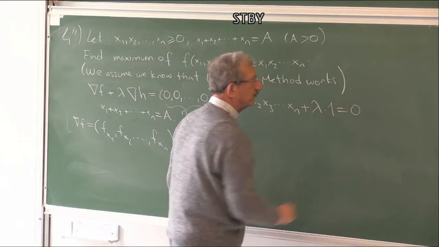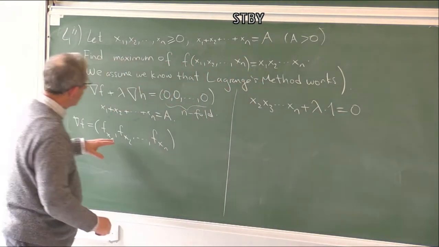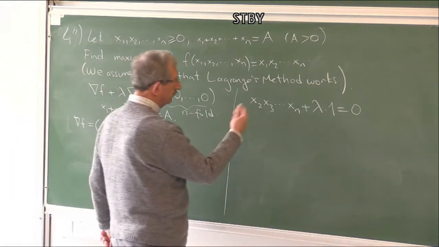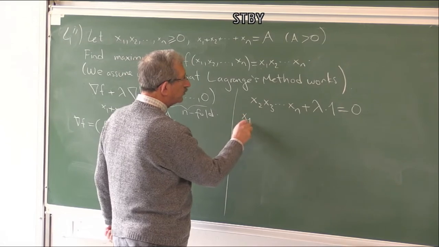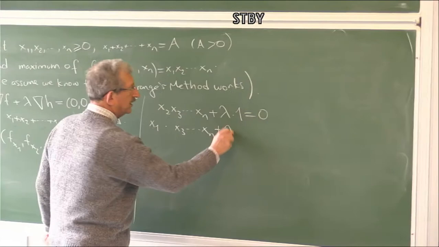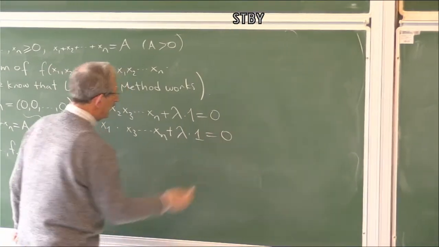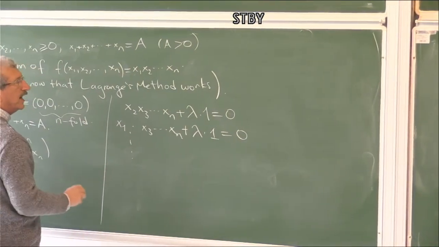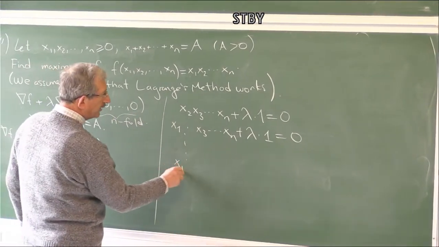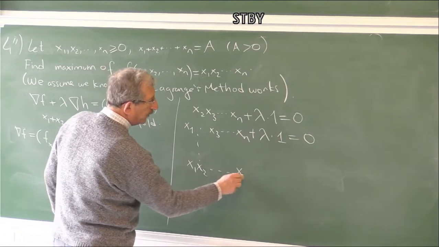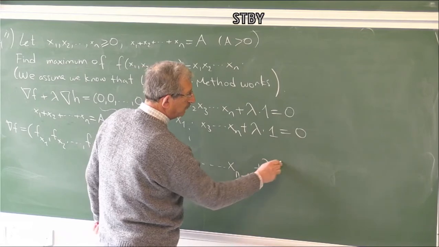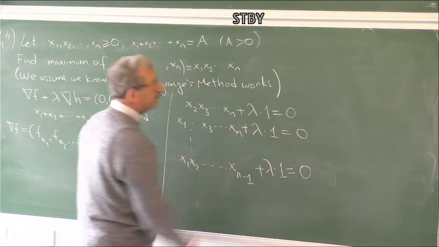So this will be 0. Similarly, for the second one, x2 is the variable. So we have x1 times x3 up to xn plus lambda times 1 is 0. And this continues like this. And at the end, when we differentiate with respect to xn, we have x1, x2 up to xn minus 1 plus lambda times 1 is 0.